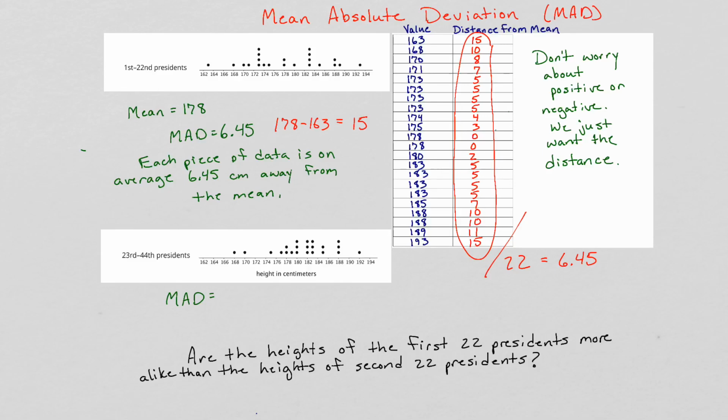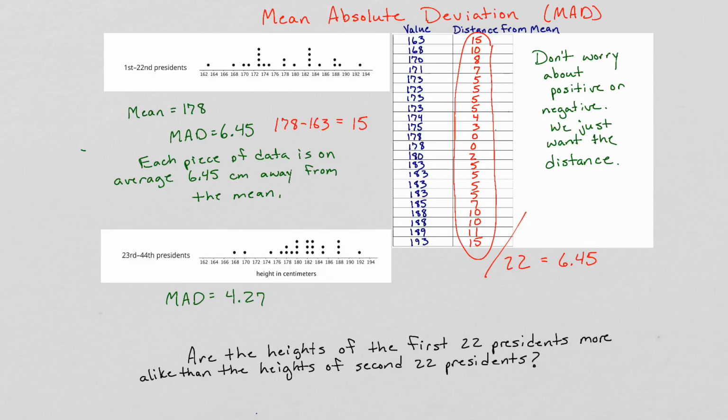Now, I'm not going to do the calculations for the second one. I did them on a separate sheet of paper. You can check it if you want. But when I did it, I got that the mean absolute deviation here was 4.27. All right, so the question we asked ourselves a moment ago was, are the heights of the first 22 presidents more alike than the heights of the second 22 presidents?